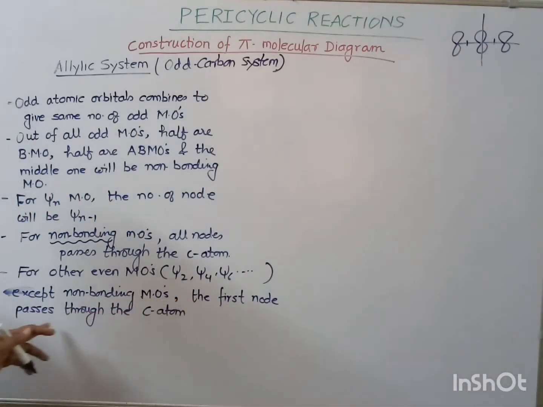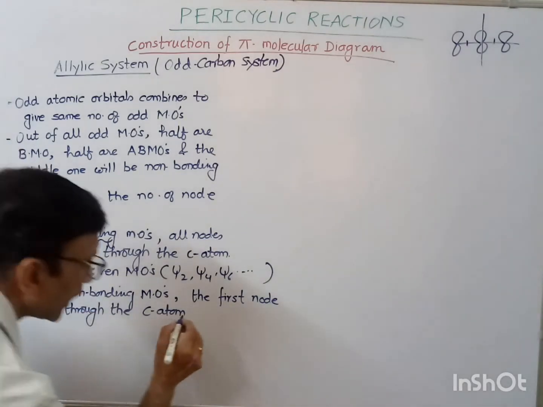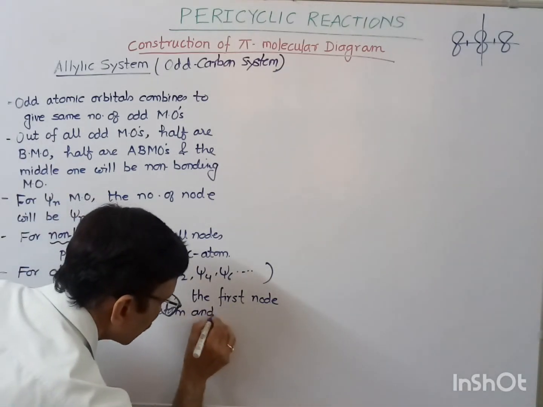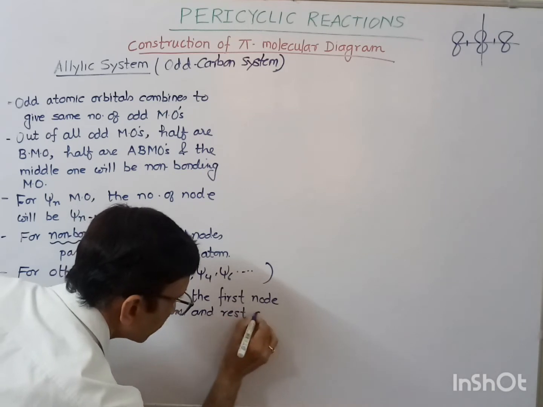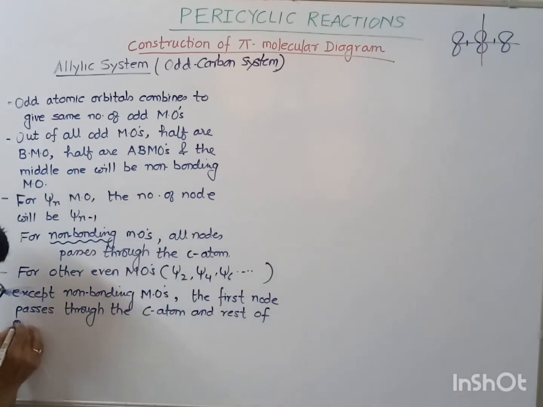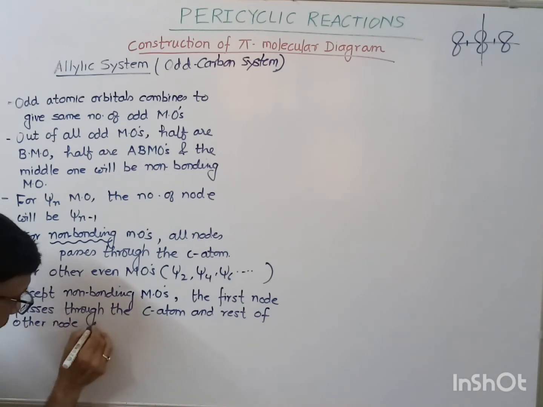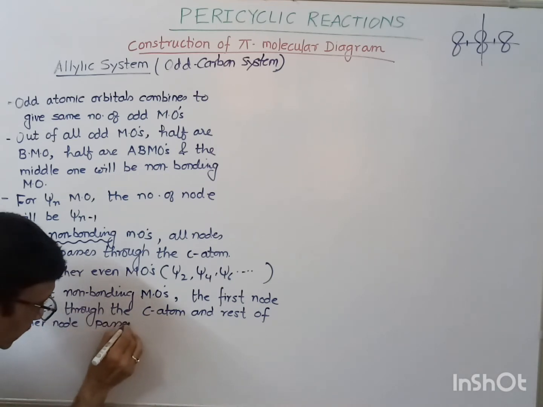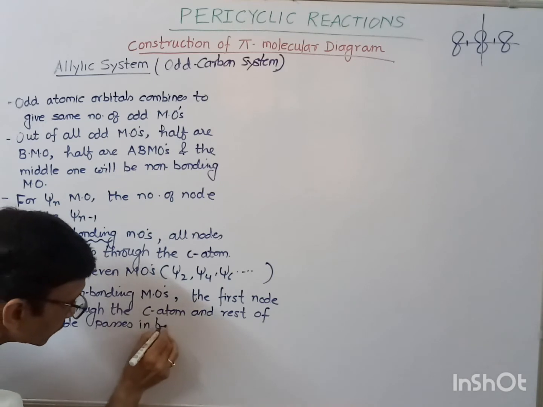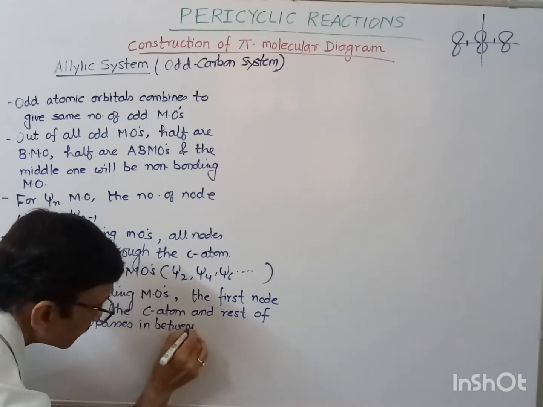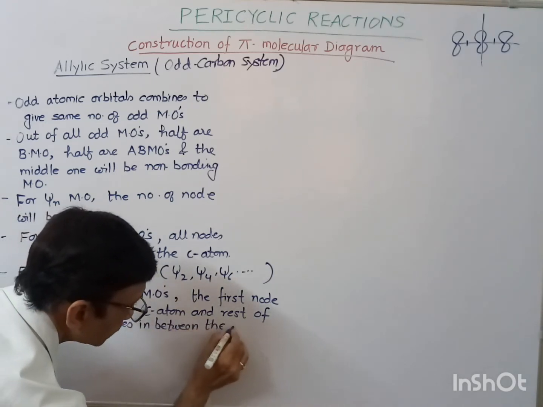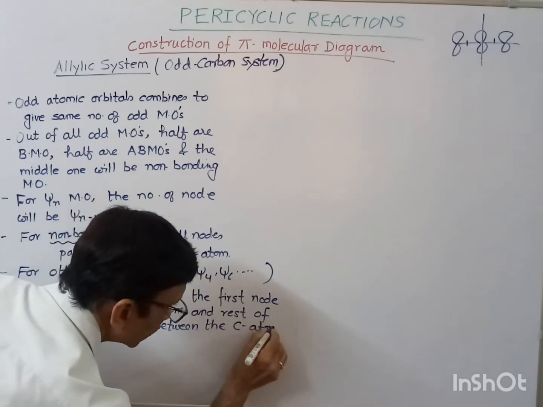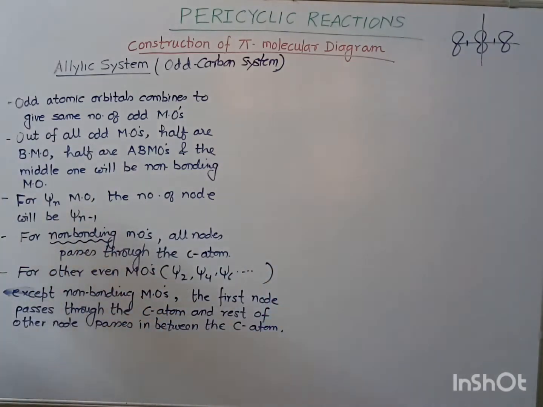So the first node passes through the carbon atom, and the rest of the nodes pass in between the carbon atoms. Okay, this is the thing.